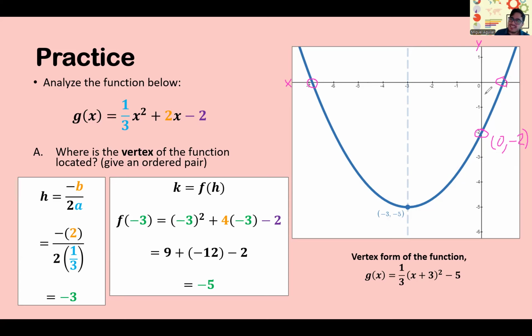So that would be maybe (-6.9, 0), and maybe that's (0.9, 0) over on the right-hand side. But there are algebraic ways to use the equation to find the x and the y-intercept, and so that's the next topic that we need to broach, okay?